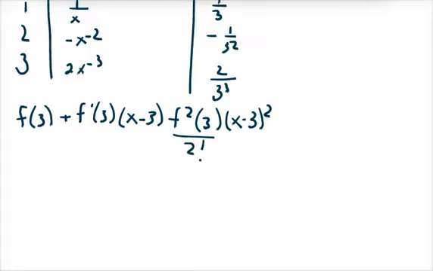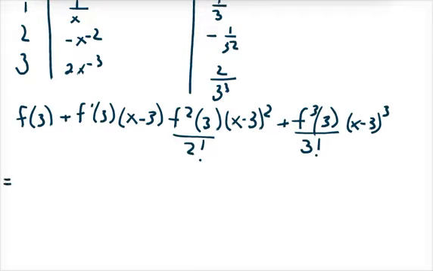Two factorial over 3 factorial x minus 3 cubed. So substituting in, you get the Taylor series.